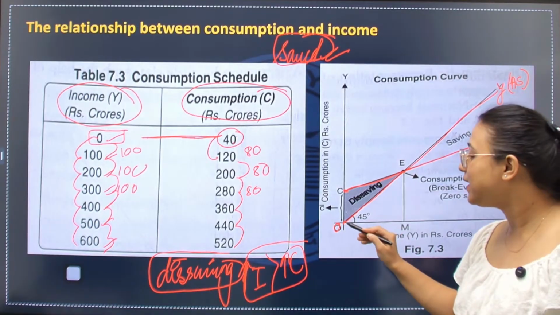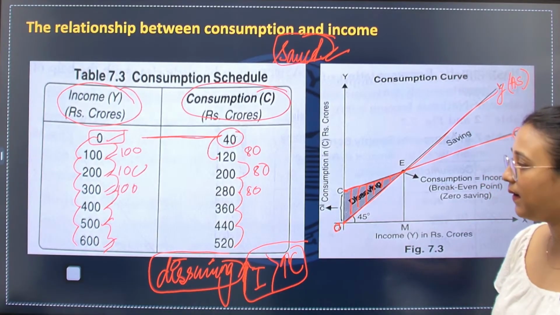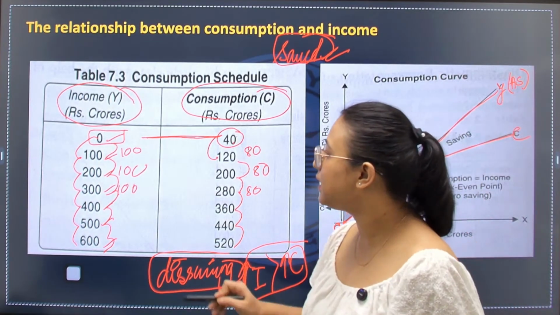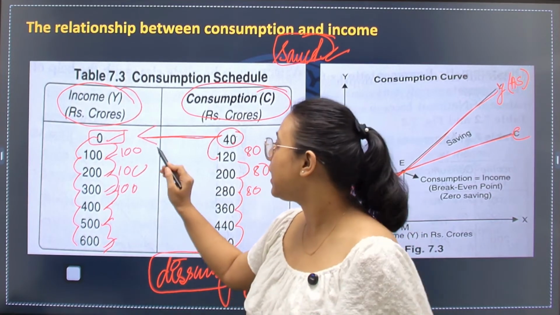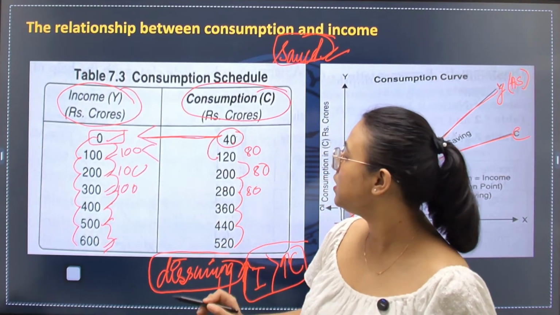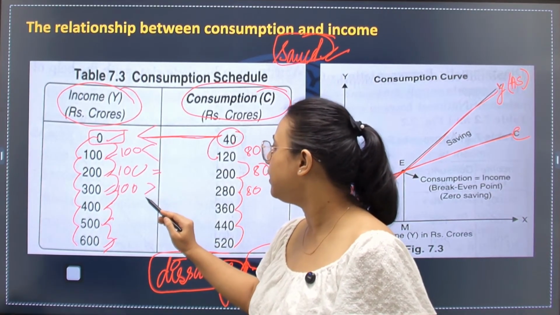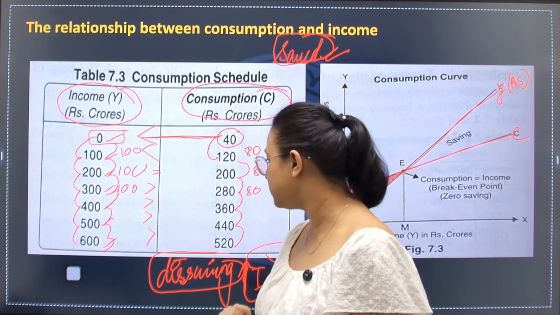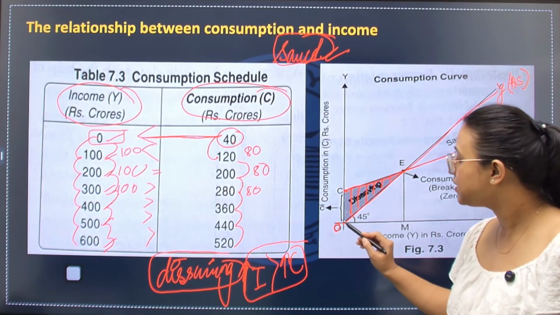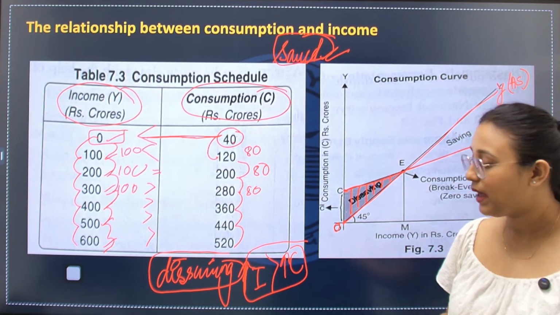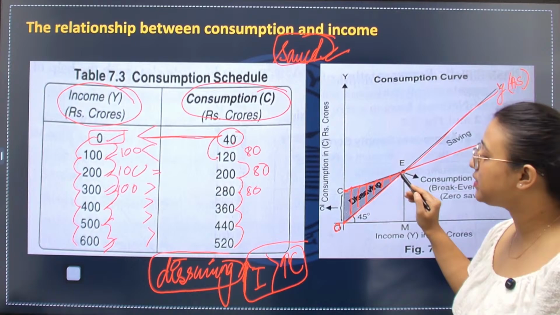So when income is zero, if we look at this portion, here income is less than consumption. Here, where income is equal to consumption. And beyond that, income is greater than consumption. So first, when income is zero, there is a certain level of consumption. And after that, however much income increases, the consumption is still greater than income.